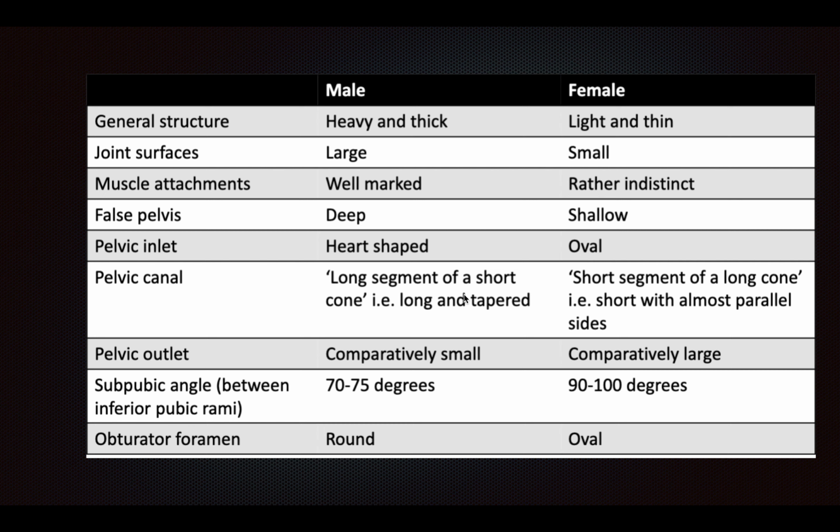The pelvic canal is going to be long and tapered in males, while the canal in females is going to be short with almost parallel sides. The outlet is small in males, while in females it's large, of course. And the obturator foramen is going to be round in males, while the obturator foramen is oval in females. This is a little bit less important, but it's important to know these general features.